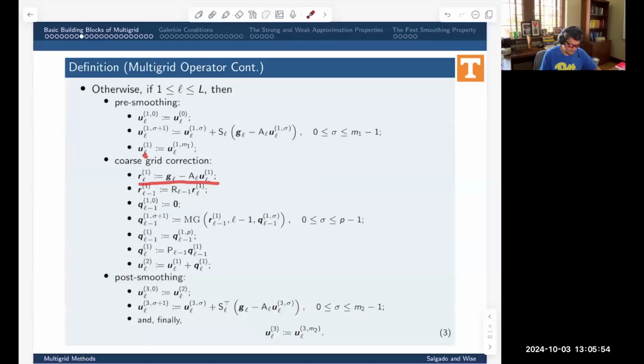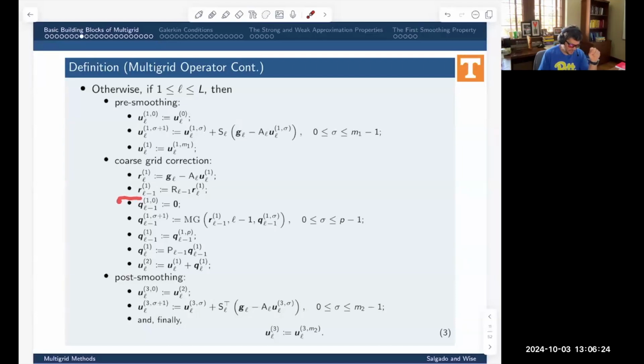So this is just a basic residual vector on level L. Level L for us is our relative fine level. And the relative coarse level with respect to level L is going to be L minus 1. So we're going to push that residual vector down to the relative coarse grid using a restriction operator. That's what that restriction operator was created for.